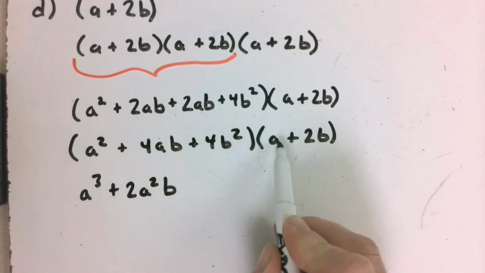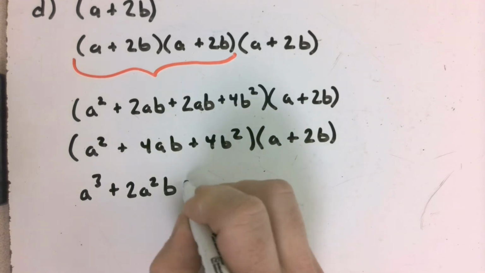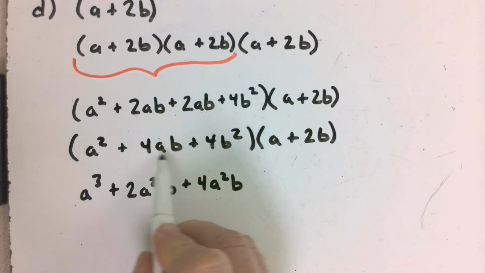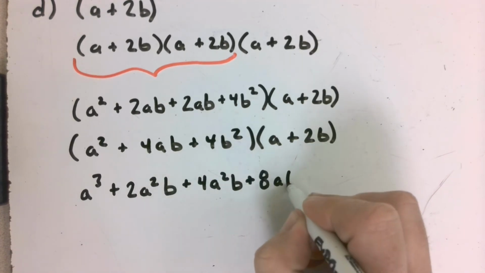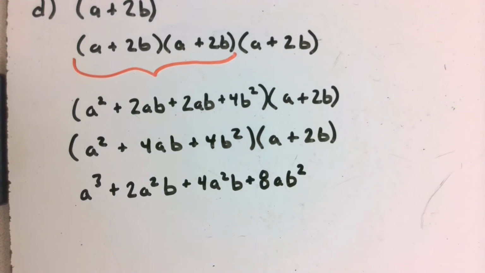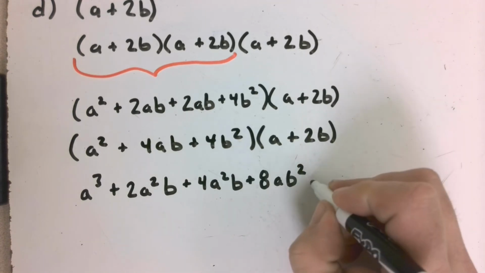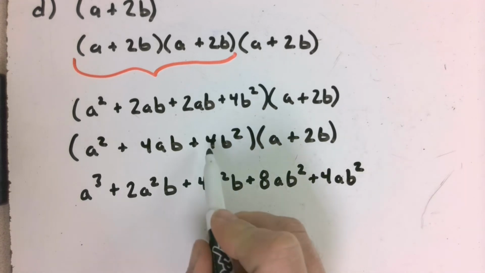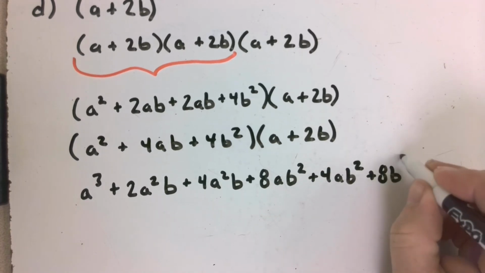I'm going to multiply that by a + 2b. 4ab times a would be 4a²b. 4ab times 2b would be 8ab². Now finally, our last term times both terms. 4b² times a would be a 4ab², and 4b² times 2b would be an 8b³.